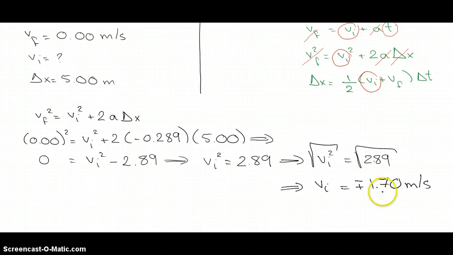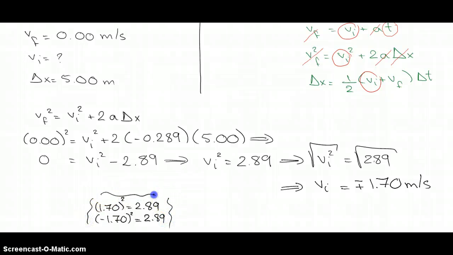Both of them, if I square them, if I square positive 1.70, it gives me 2.89. If I square negative 1.70, it also gives me 2.89. So I need to pay attention that there are two answers. And now I decide which one to use.